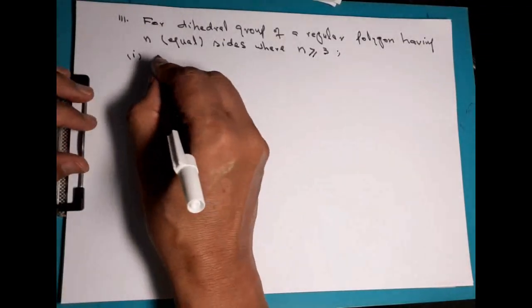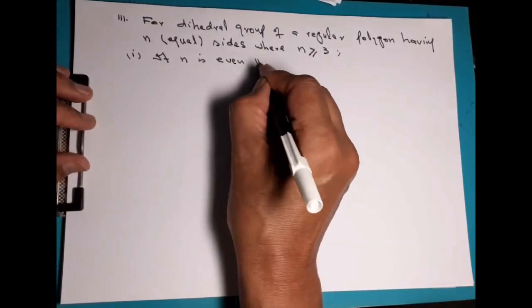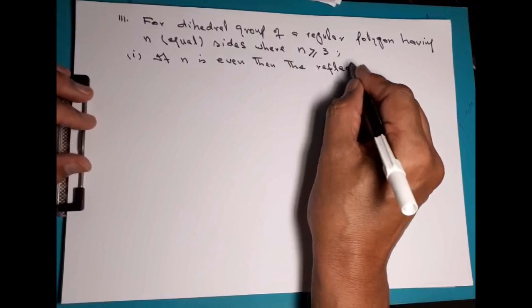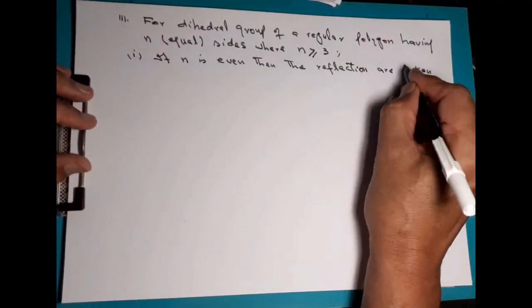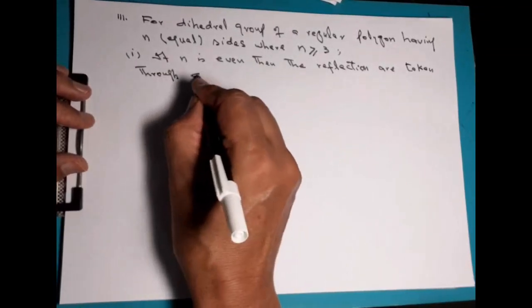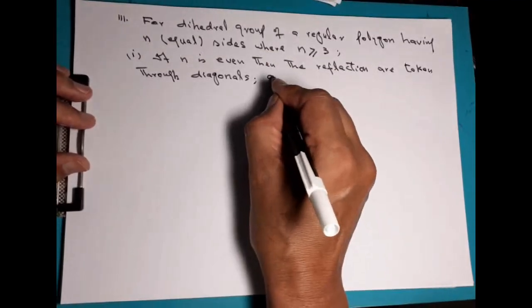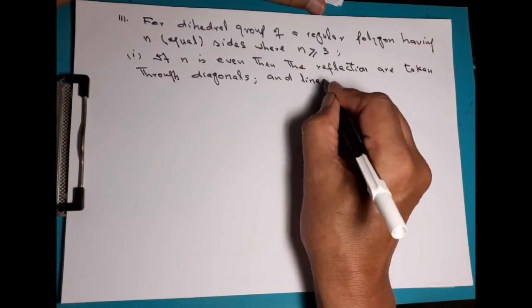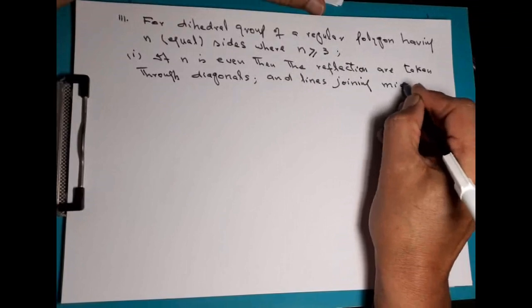if n is even, then the reflections are taken through diagonals and lines joining midpoints of opposite sides.